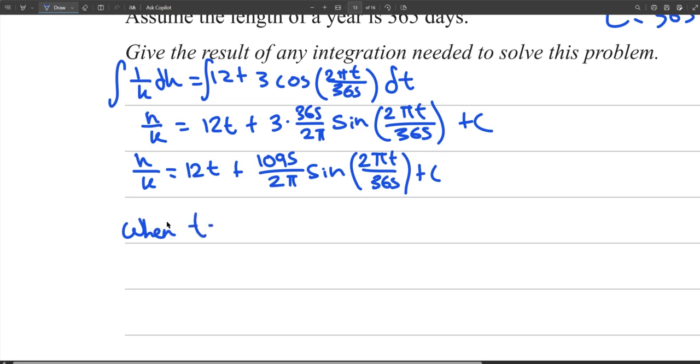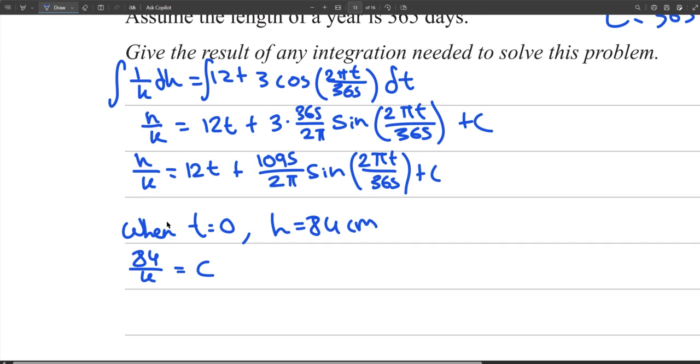When t equals 0, h equals 84 centimeters, so we can now substitute these back. So 84 on k is equal to, this will go to 0, and sine of 0 in radians is just 0, so this will just become 84 on k equals c.